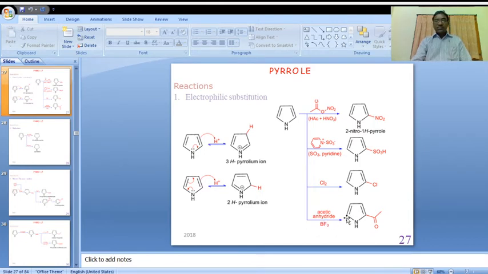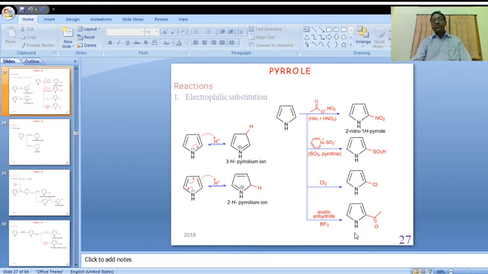Now let us go to another reaction. Here is a reaction with acetic anhydride, also represented as Ac2O, in presence of boron trifluoride.